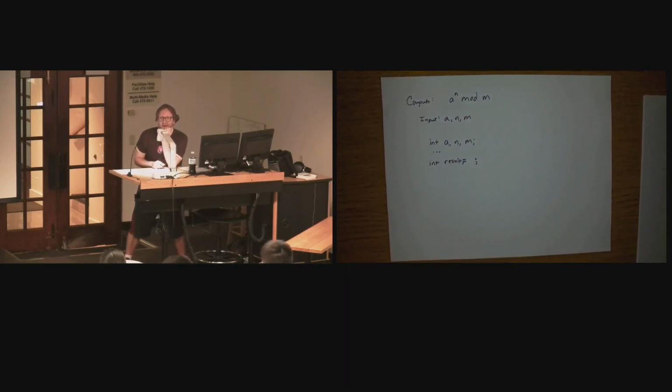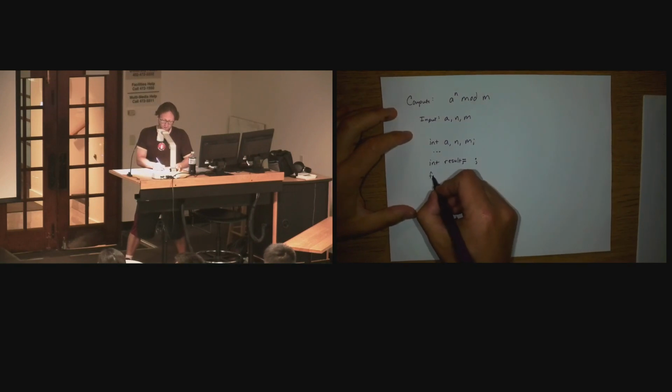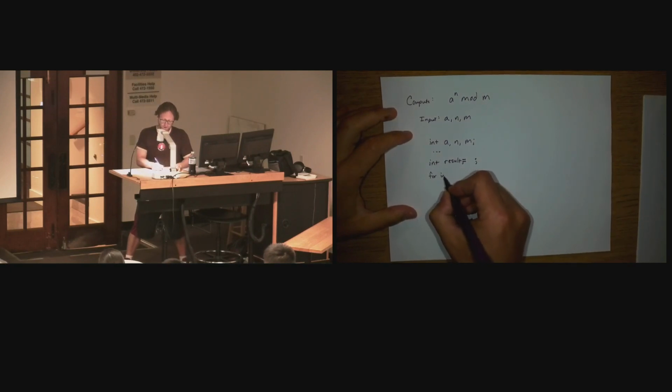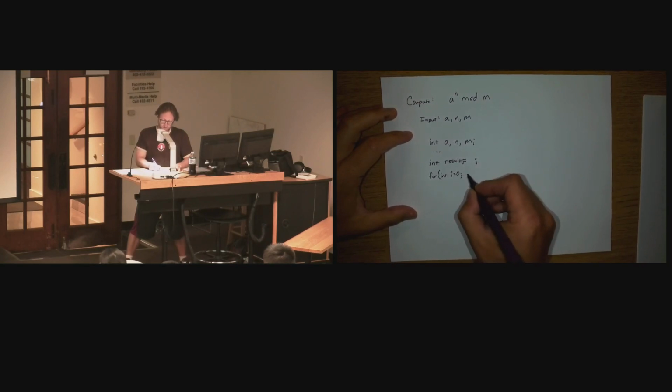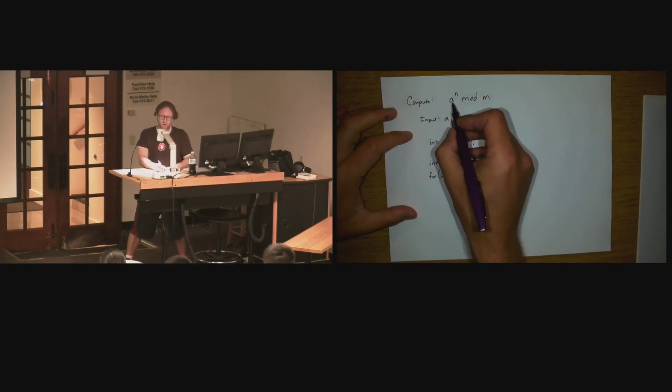Now, 99 out of 100 CS1 and CS2 students will probably write the following code. Does anybody want to suggest the naive code? It's just a simple loop. For int i equals 0, i is less than n, because what we're going to do is go a times a times a times a times a.